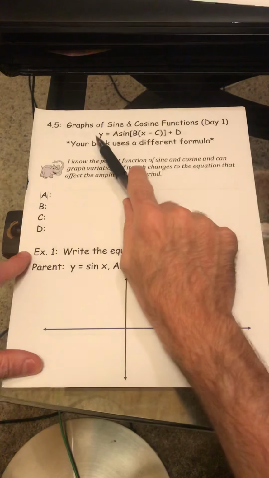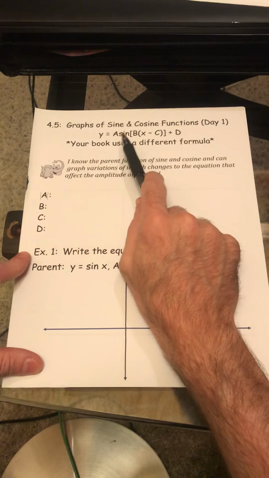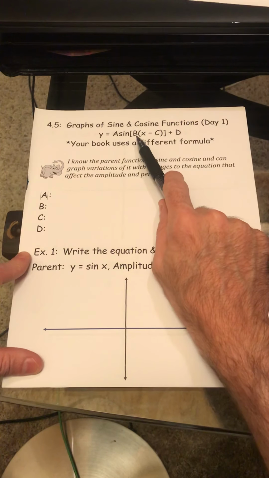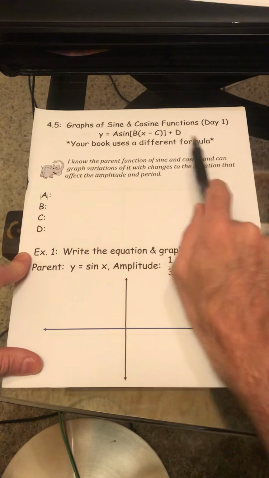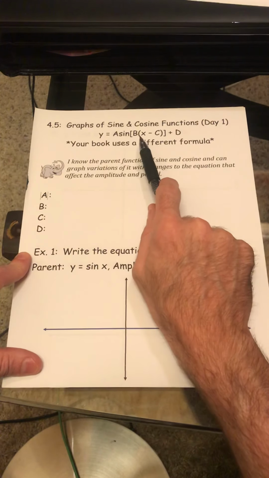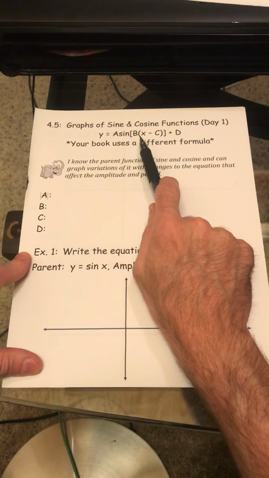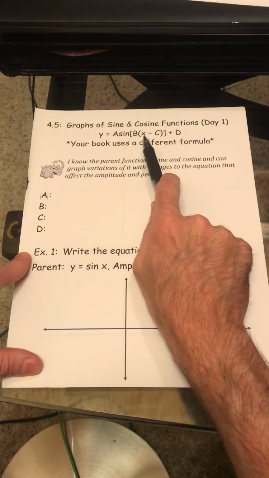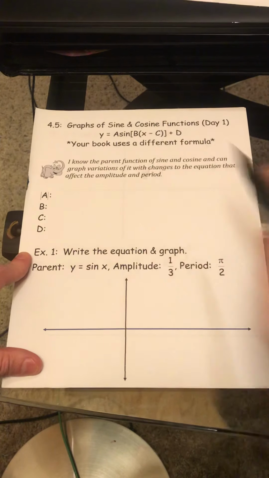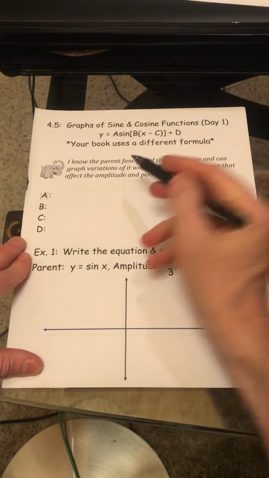So the formula y equals a sine of b times quantity x minus c, plus d. The one thing that you do need to be aware of is if you look things up in the book online, they have the bx and then bc distributed out. So just kind of be aware of that.